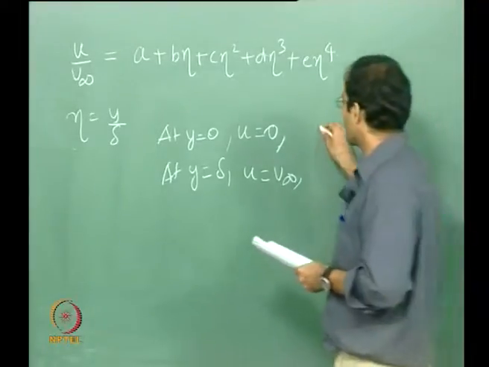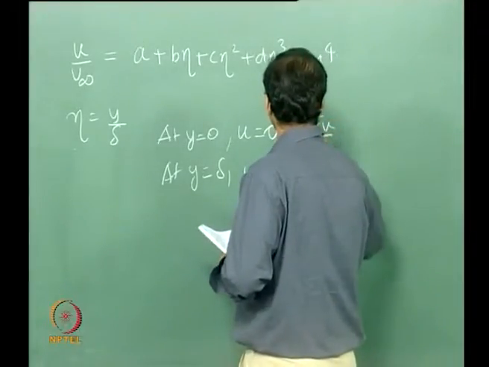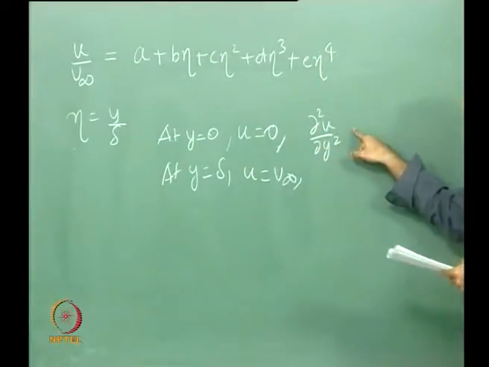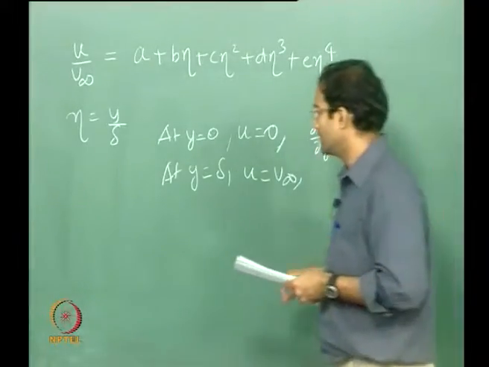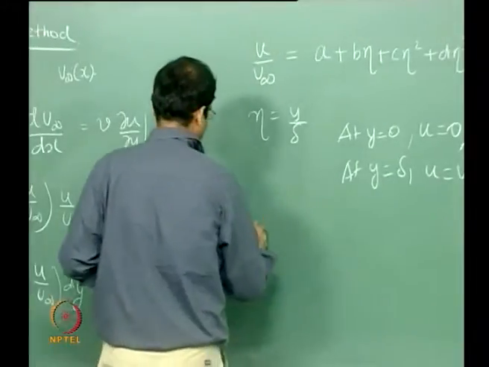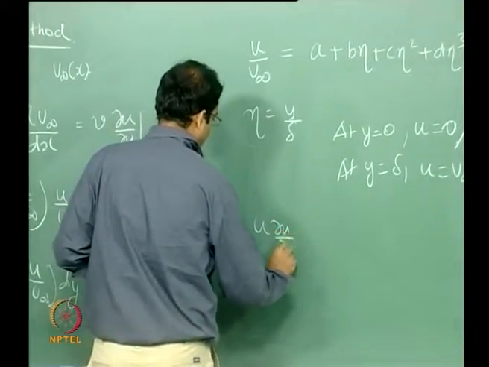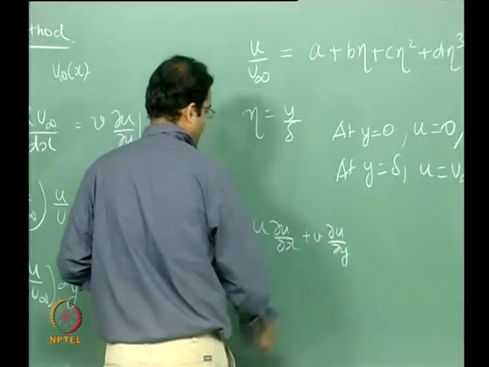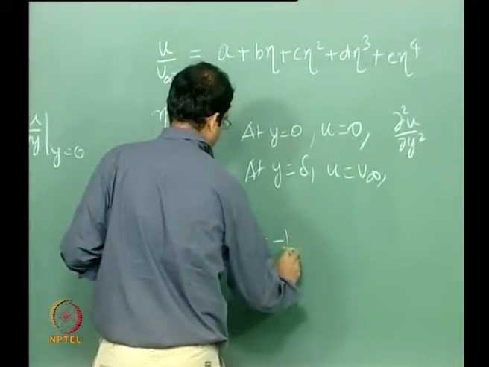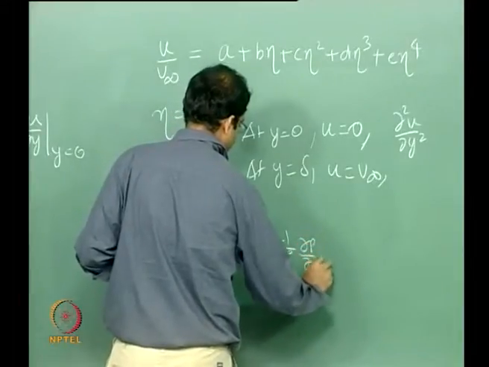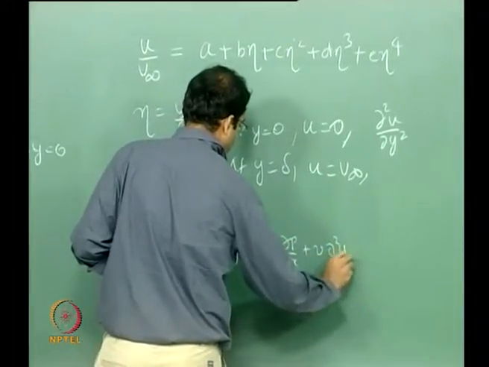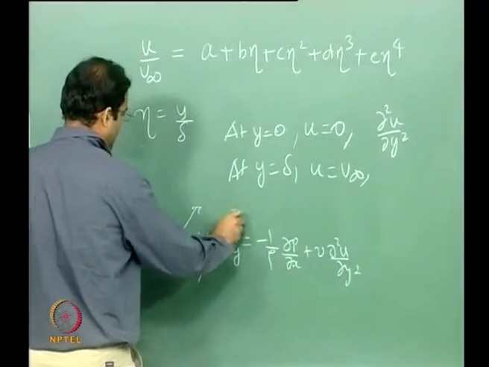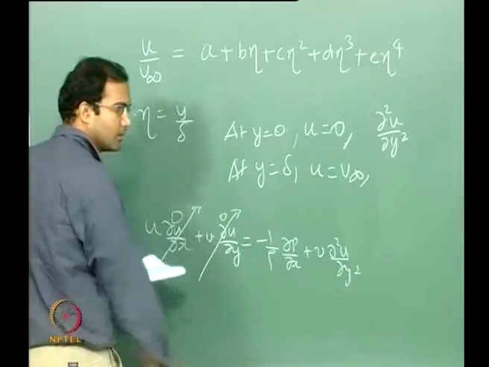Okay, so d square u by dy square. Now in the case of Blasius solution we made this directly as 0 from the momentum equation, okay. So if you write the momentum equation at the wall, so at the wall the momentum terms, the inertial terms are 0, okay.